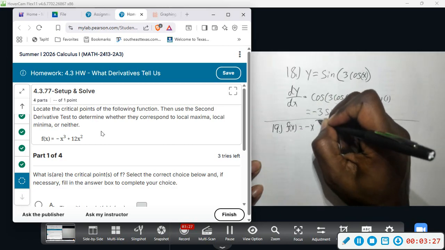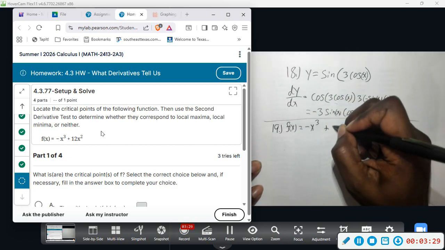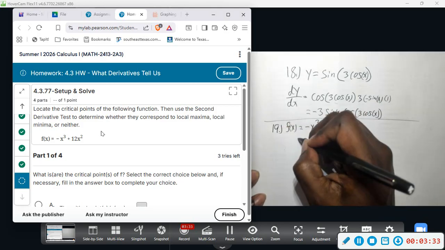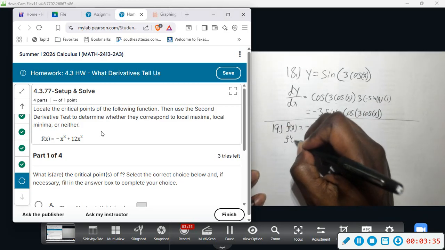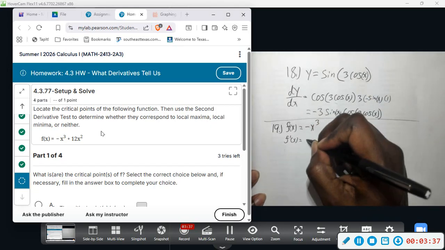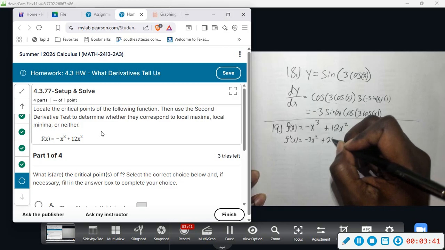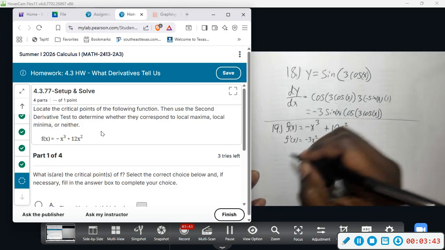The function is negative x cubed plus 12x squared. F prime is negative 3x squared plus 24x. Set it equal to 0.